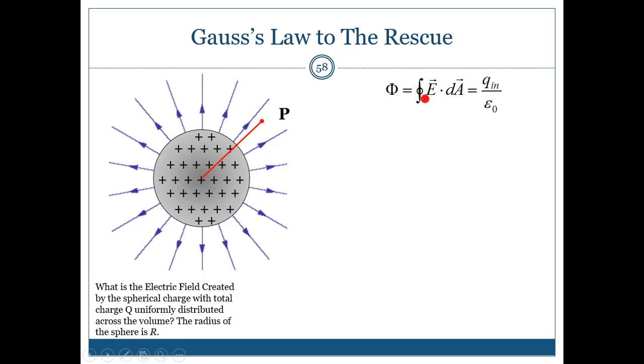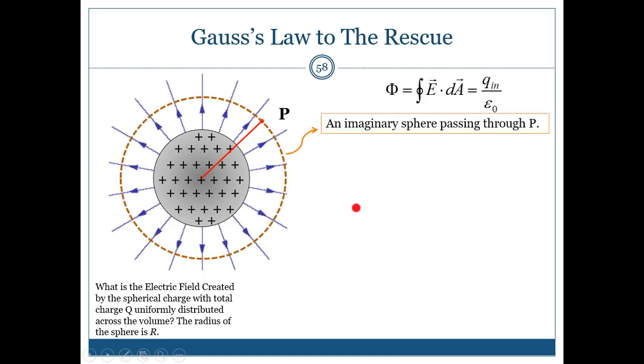And the only way I get that uniformity is if that surface is the same distance to my charge. If I have a sphere, the only surface that will give me a constant distance to the charge or charge distribution is another sphere.